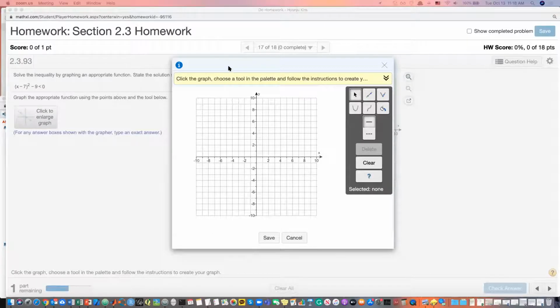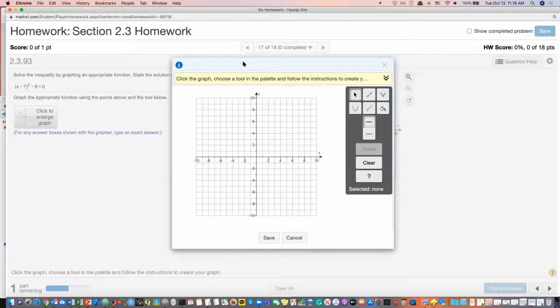All right. I'm sure that you already know how to plot the graph on the online homework website, but let me show you.